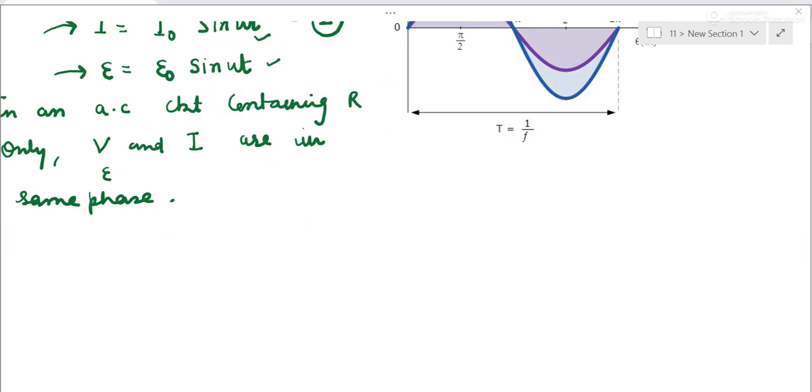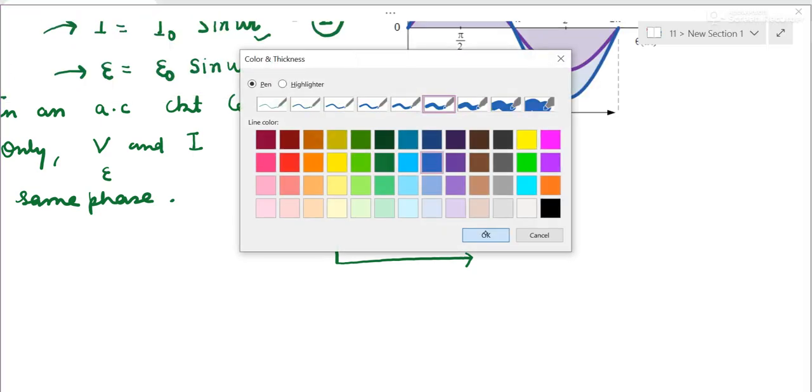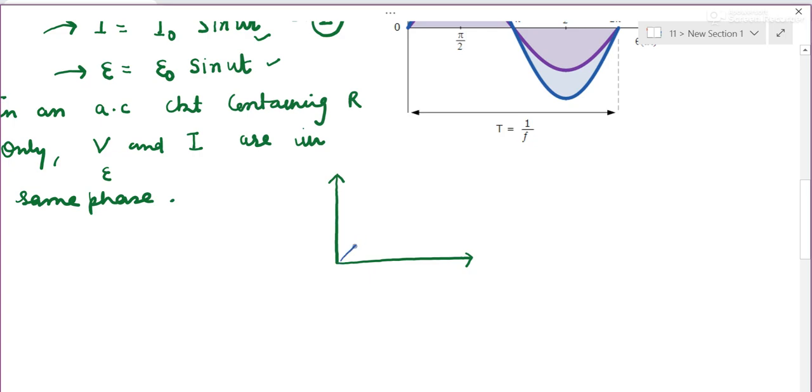Yes, let us see. Phasor diagram we are drawing for AC circuit containing resistor only. So this is your voltage. E is equal to E naught sin omega t.